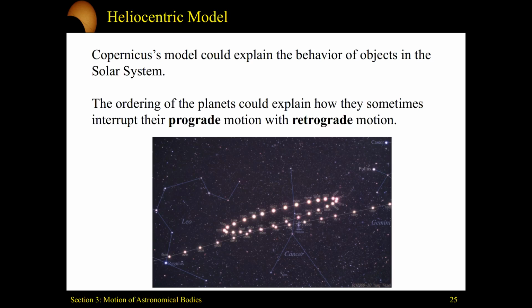Earth is another planet. Think about that. Before, Earth wasn't a planet. Earth was the special center of the universe because we were there. But if you accept heliocentrism, you make Earth a planet, and everyone orbits around the Sun, and you can explain the retrograde motion of the planets now.